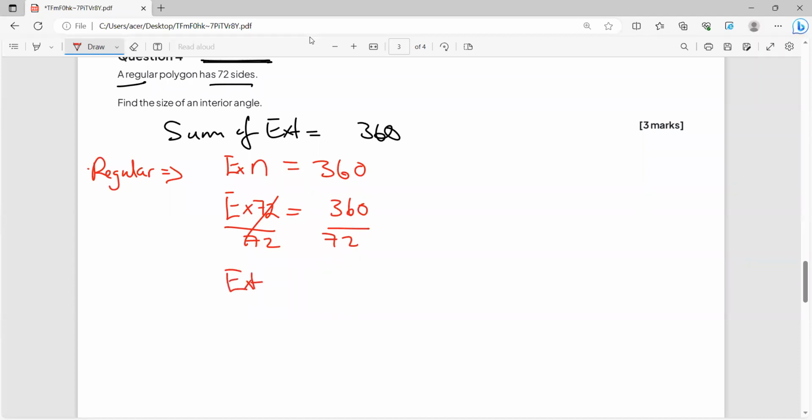So our exterior angle is gonna be 360 degrees divided by 72 sides. Let's see what we're going to get. 360 degrees divided by 72. We're going to get 5 degrees. Now that we have our exterior angle, we'll move on to step 2.